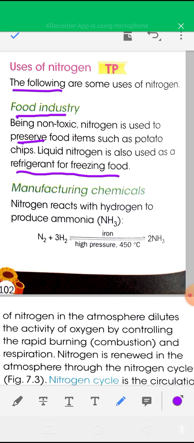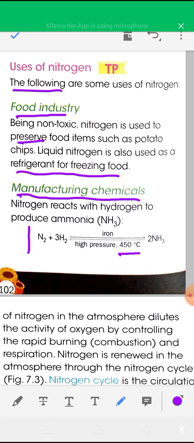Nitrogen is used in manufacturing chemicals like ammonia. When nitrogen reacts with hydrogen in the presence of an iron catalyst at very high pressure and a temperature of almost 450 degrees Celsius, ammonia is formed.